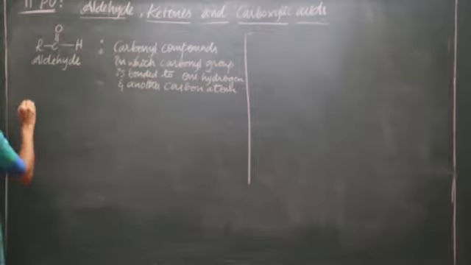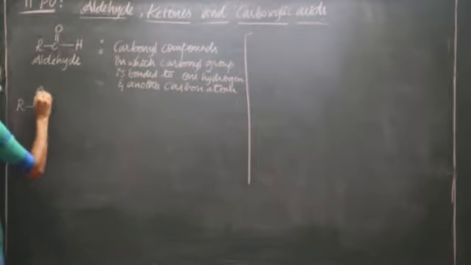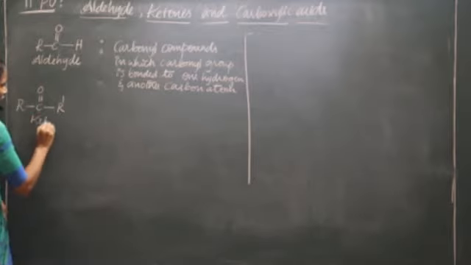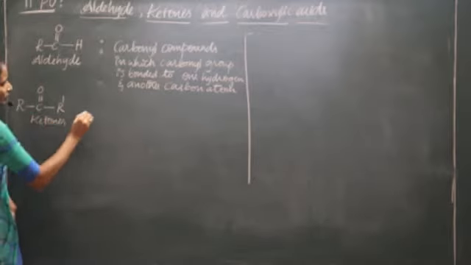Next is ketones. What are ketones? R C double bond O R, symmetric one, or R dash. These are called ketones, right?